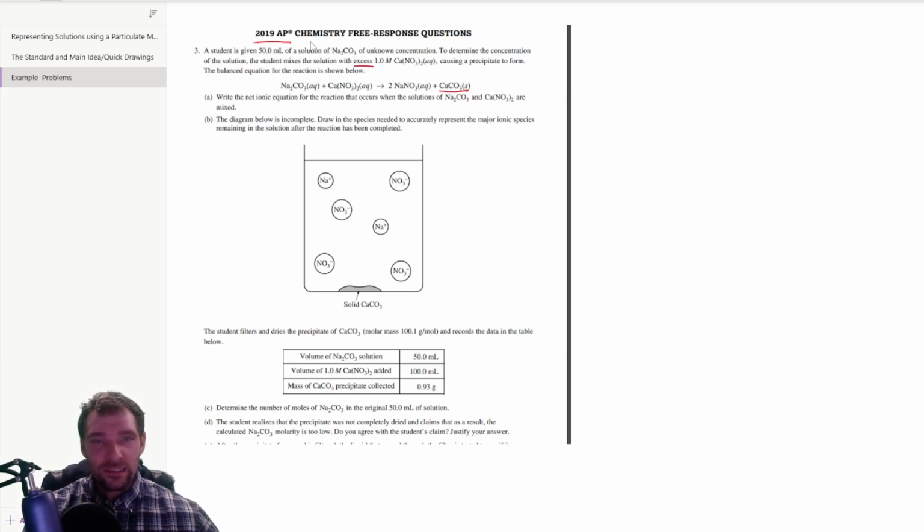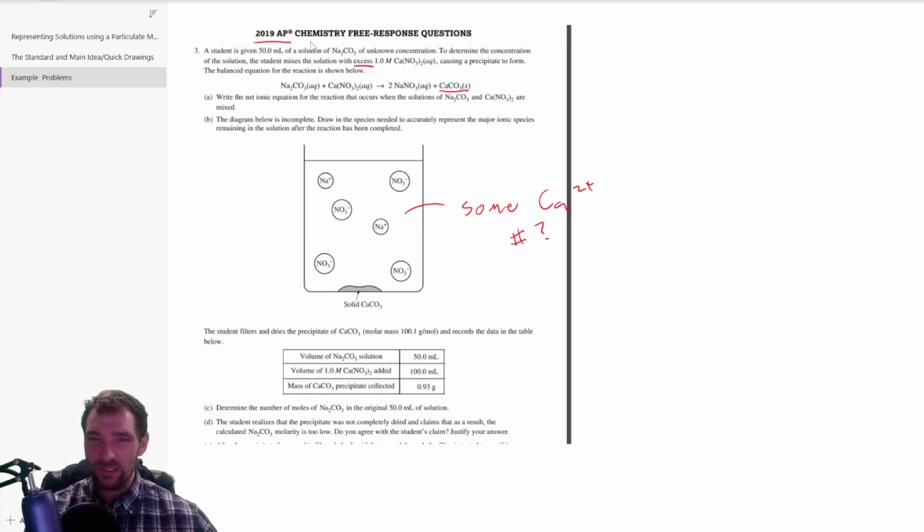I can just look at these knowing that we're having the excess calcium nitrate. So there's excess calcium, so there's probably going to be some calcium 2 plus in the solution, but the exact number of those I can't figure out just by looking at this.